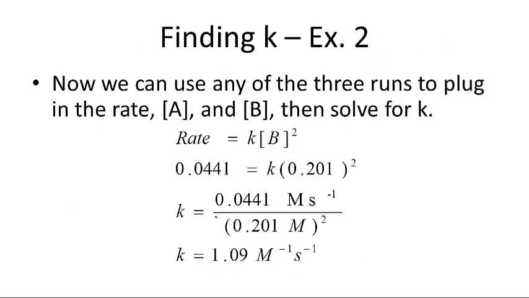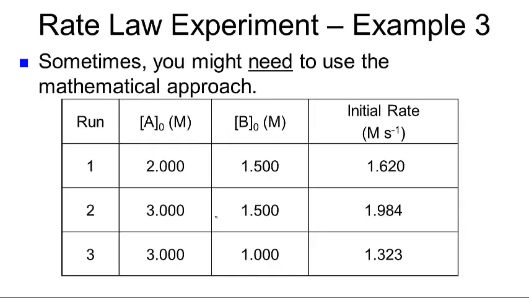Okay, so now, if I want to find the k for that, well, I have my rate law. You just plug in any single point, and you get the k. All right, there are instances where you might need to use the mathematical approach. This would be a problem set thing and not a test thing.